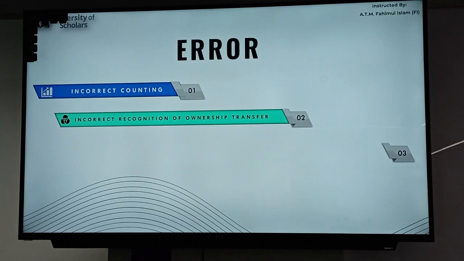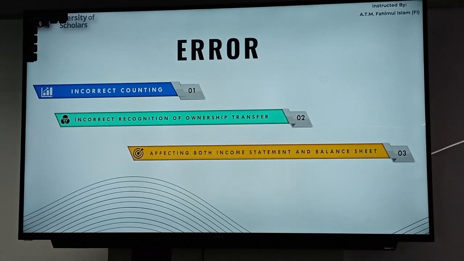Then incorrect recognition of ownership transfer. We have learned in our previous sessions that if there is a condition of FOB, free on board, shipping point, or FOB destination, then there can be a problem arising. If we cannot determine the ownership properly, then an incorrect recognition will happen, and thus inventory counting or inventory recognizing can become very difficult.